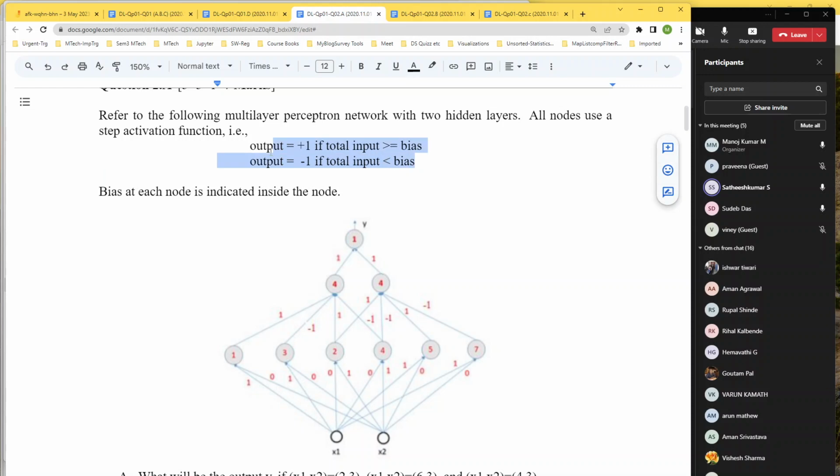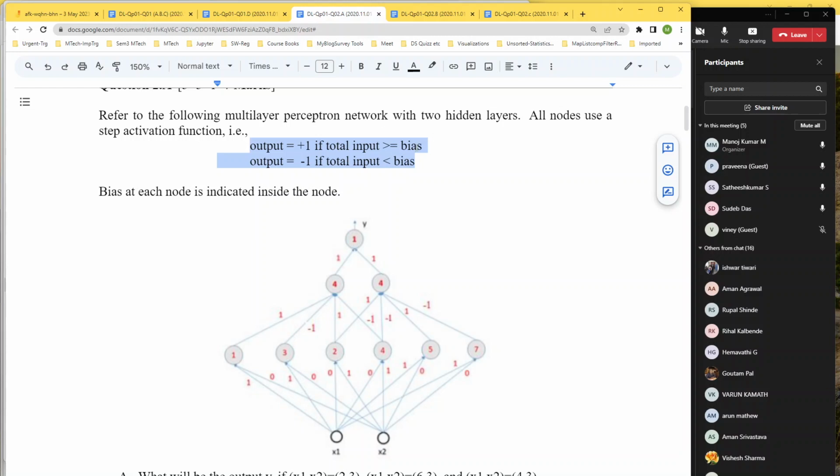Total input is x1 into weight plus x2 into weight, the standard formula. Bias here is different.